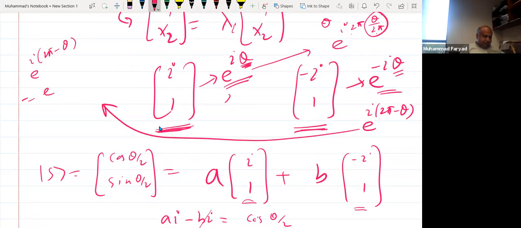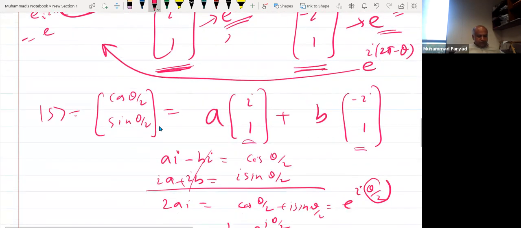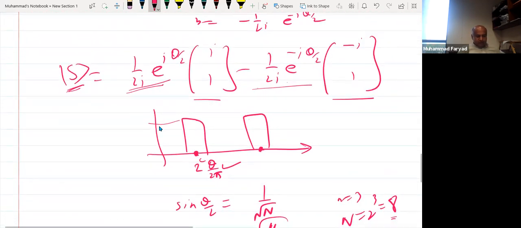And this is exponential iota 2 pi times 1 minus theta over 2 pi. So over here we will have 2c times 1 minus theta over 2 pi. This is what the index of the second will tell us.